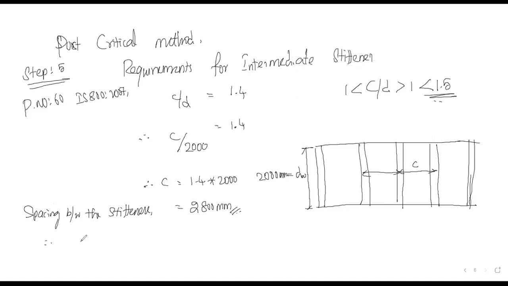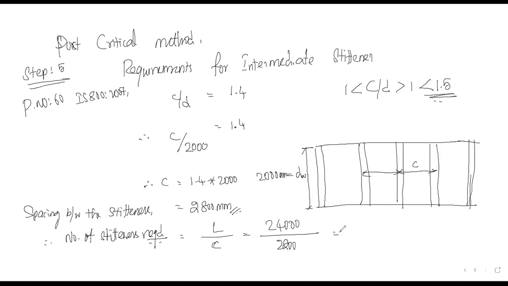Number of stiffeners required is equal to total span divided by spacing. The total span is 24 meter, so 24,000 divided by C, 2800.